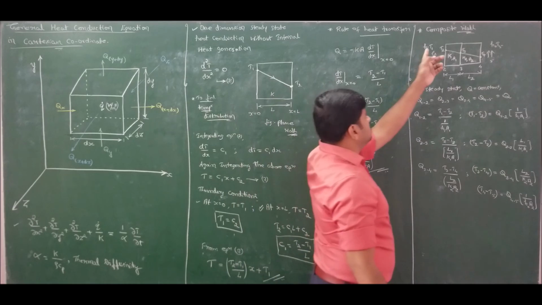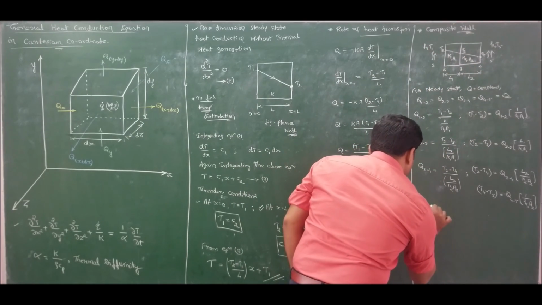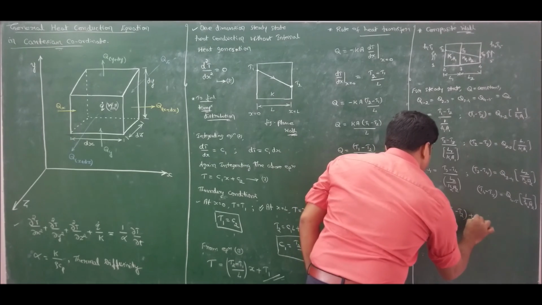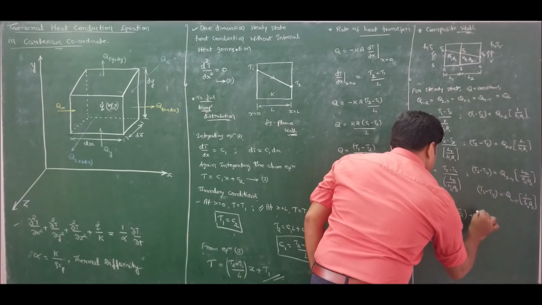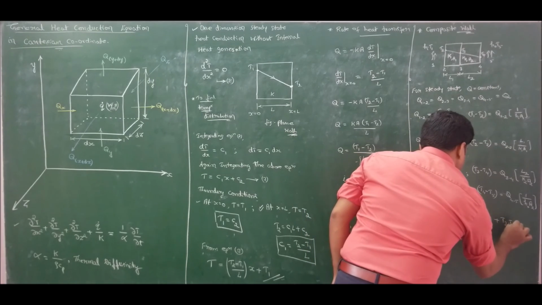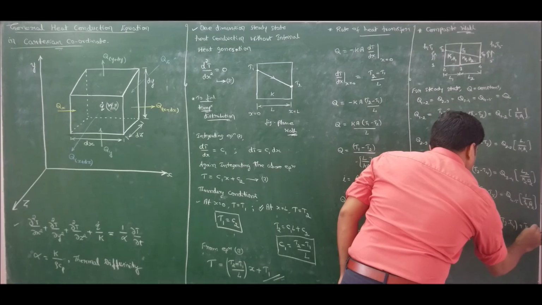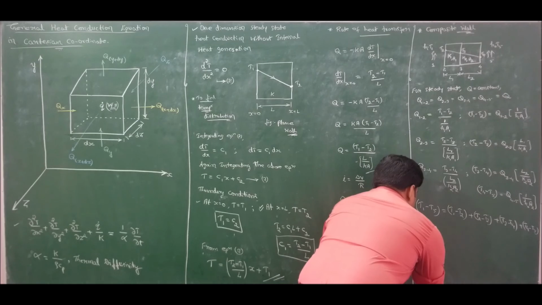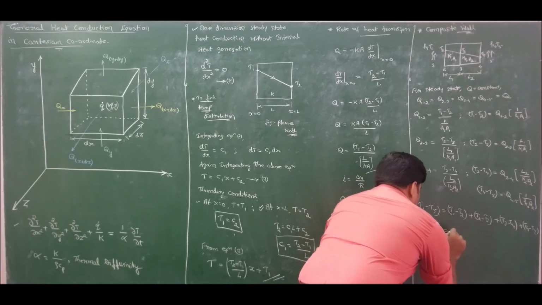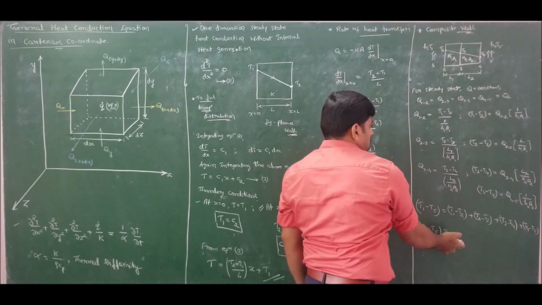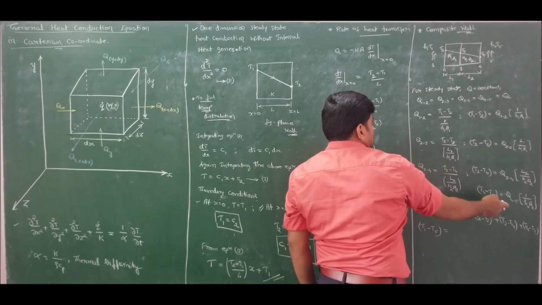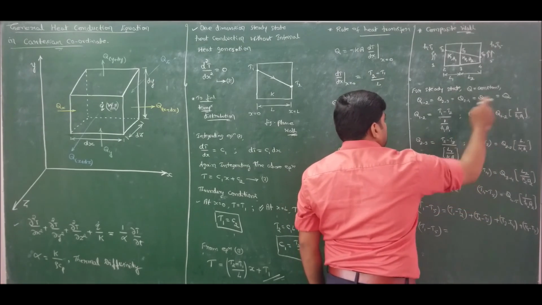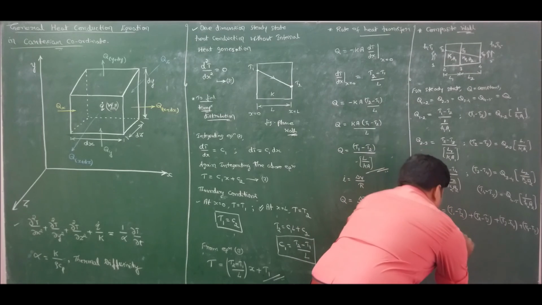So now the temperature difference T1 minus T5 can be written as T1 minus T2 plus T2 minus T3 plus T3 minus T4 plus T4 minus T5. Substituting these here, and knowing that Q is constant, that is Q12 is equal to Q23 is equal to Q34 is equal to Q45, all equal to Q, I can take Q common.